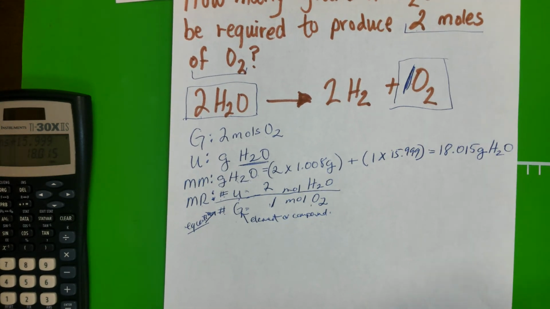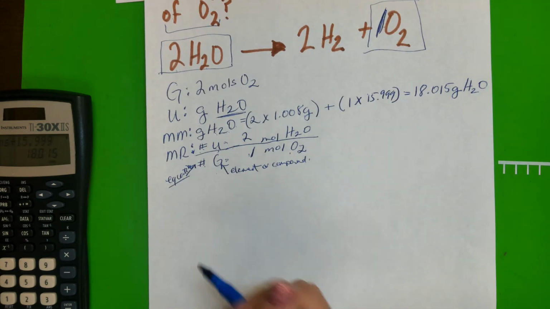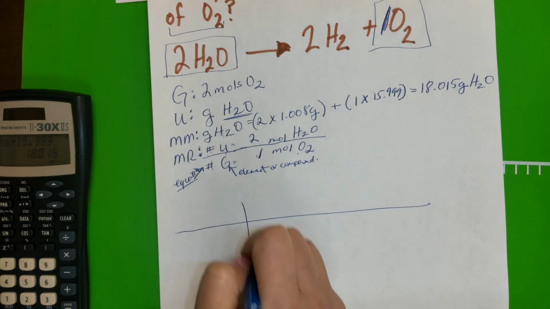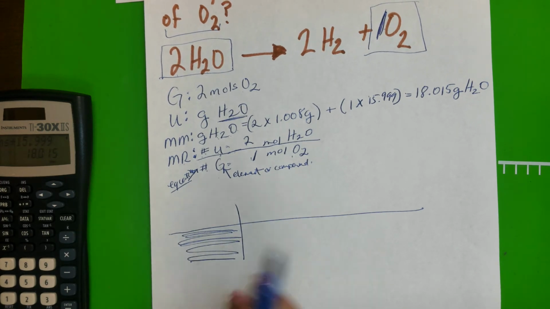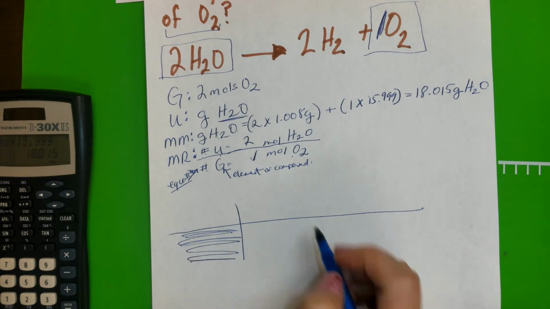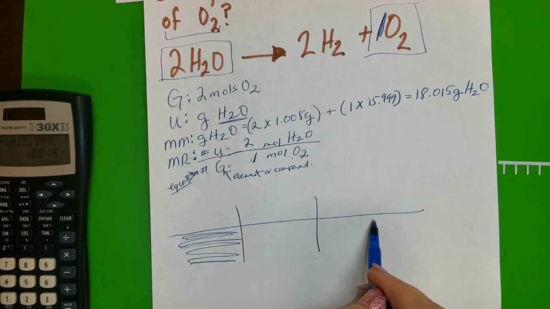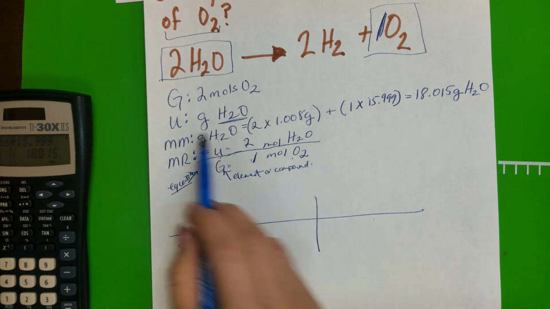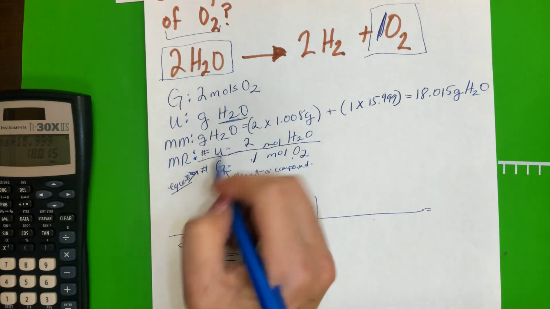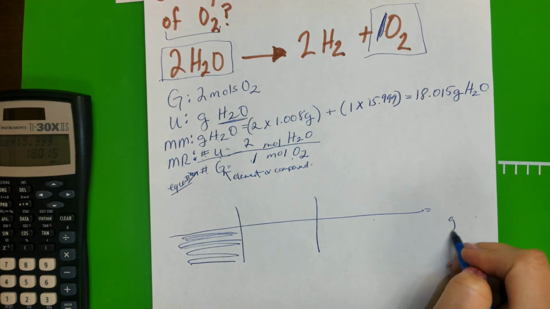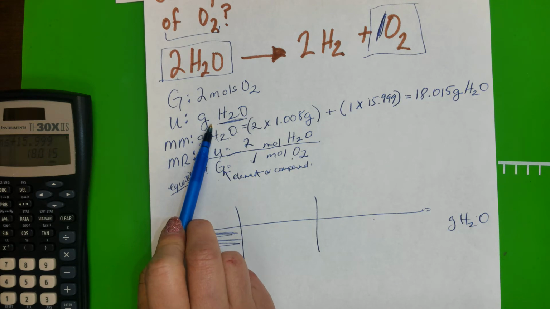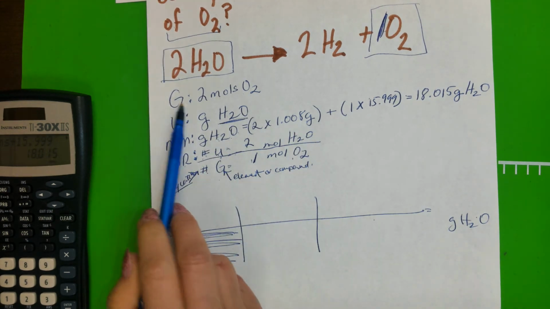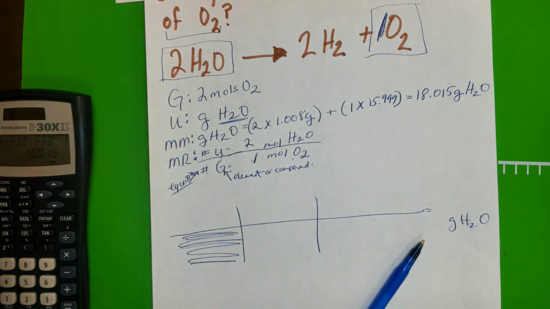Let's go ahead and set it up. This is where your given is, so you've got to have space. Remember, if there's nothing in the bottom, you just put a 1. Molar mass or mole ratio goes here. The unknown is always last, and it's always going to be grams of H2O. Now let's get started.